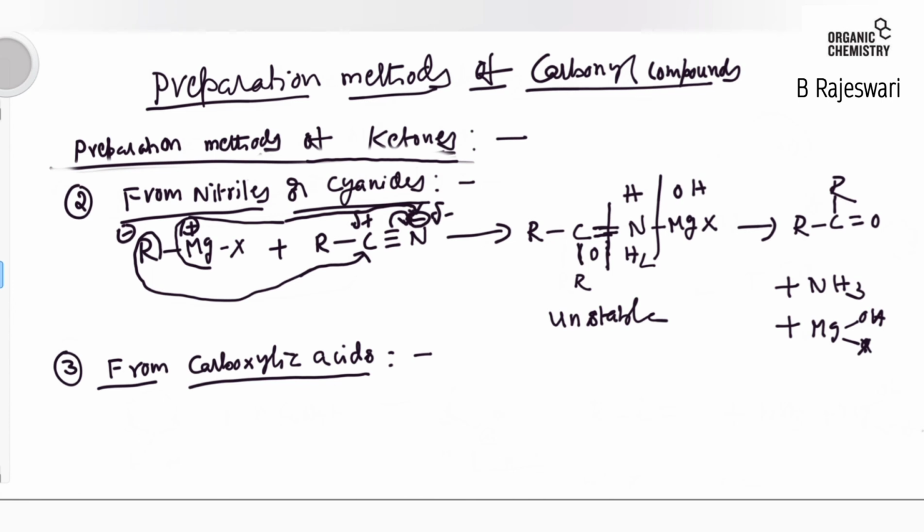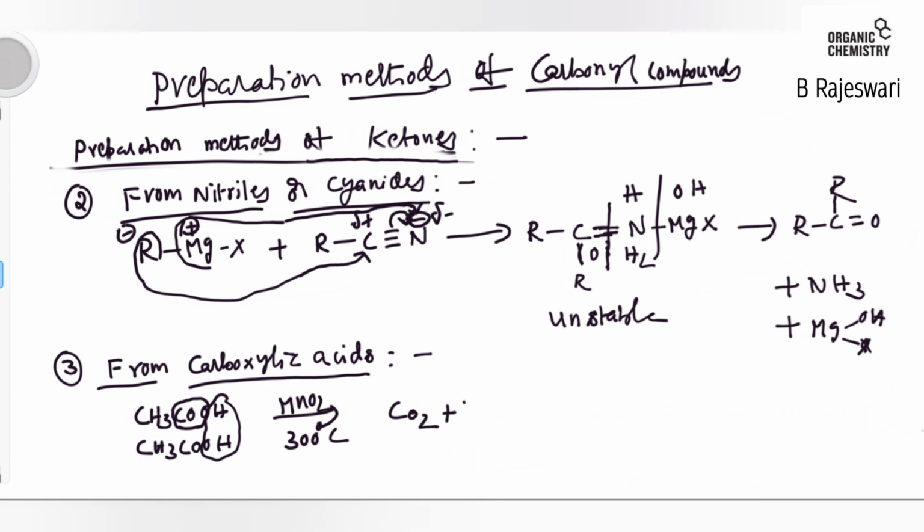For example, when 2 moles of acetic acid is passed over MnO2 at 300 degrees C, then 1 mole of water and 1 mole of CO2 are eliminated, and we get acetone.